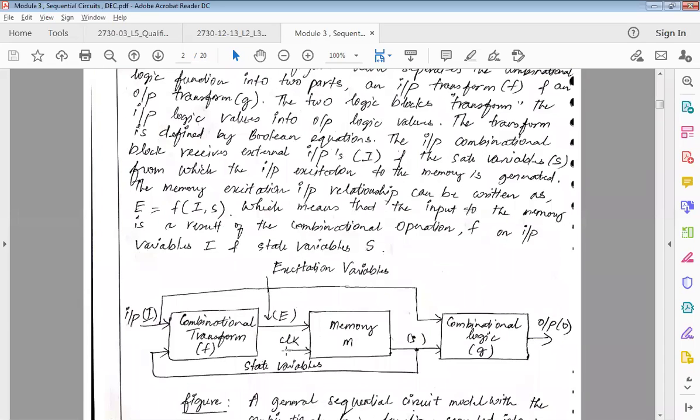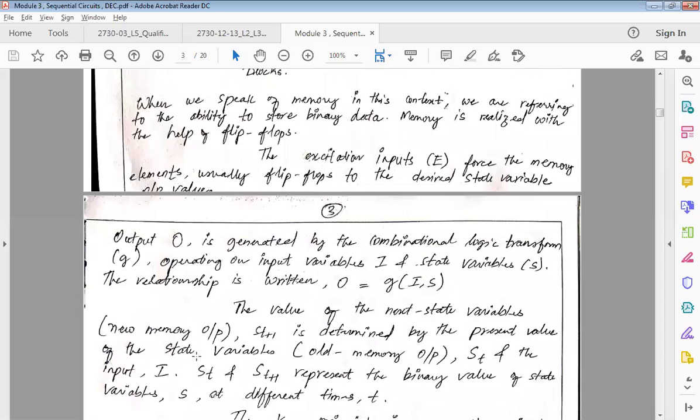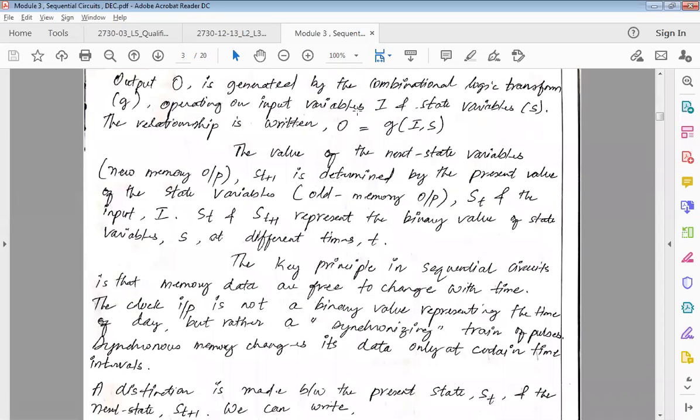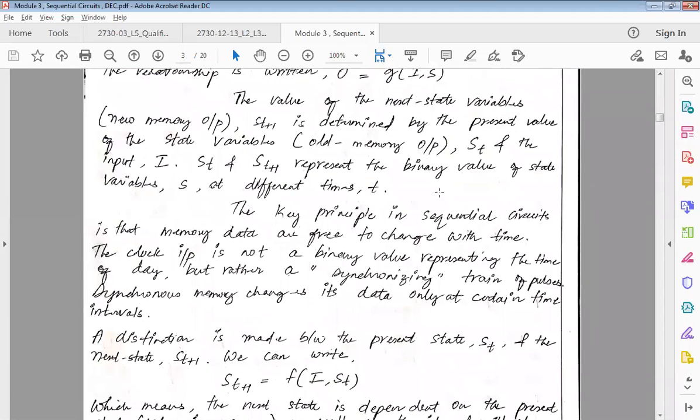This is my I and this is my S. This combinational circuit will work on I and S. I is input, S is the output of memory. So we can say that the output O is a function of I and S, right? Just a little bit of theory about it.